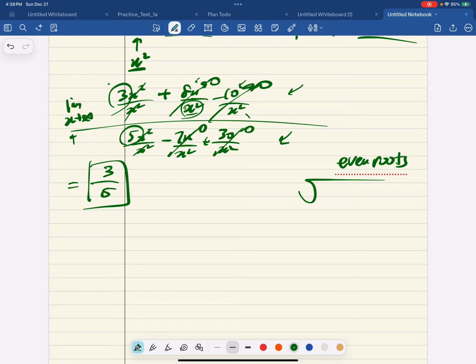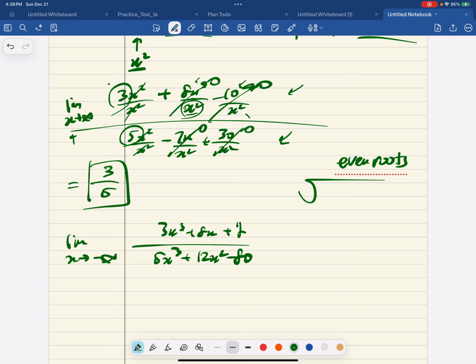What am I trying to say? It is that when x approaches not infinity, but negative infinity, in a normal case like this, where there are no roots, and specifically no even roots, and I'm saying even because this case only applies for even roots.